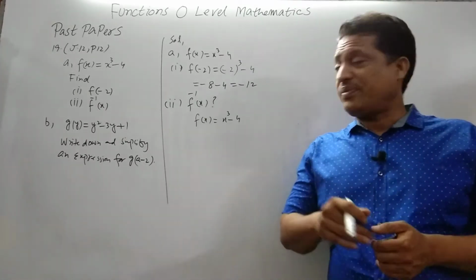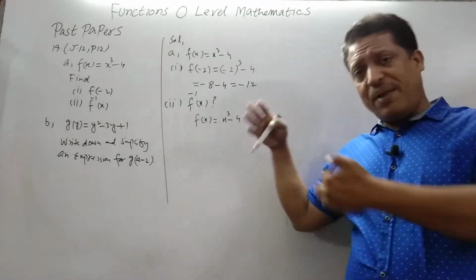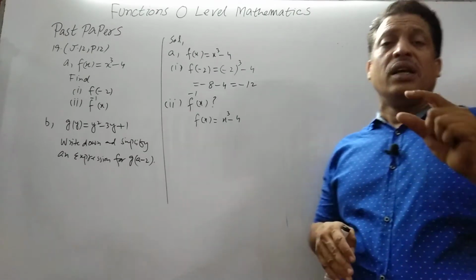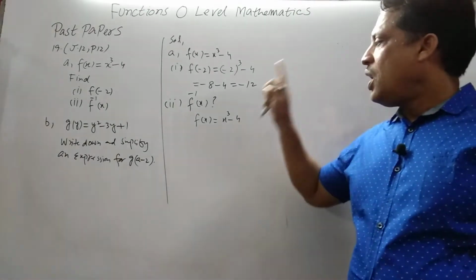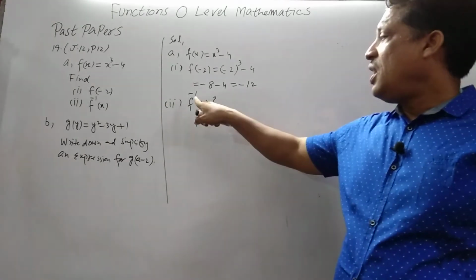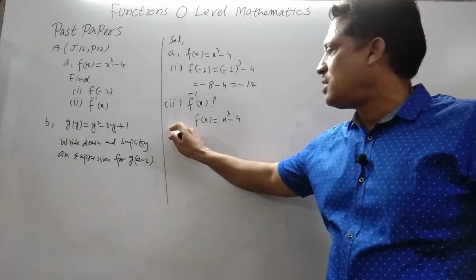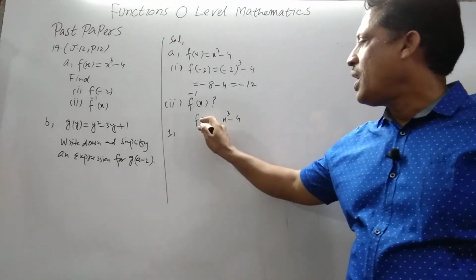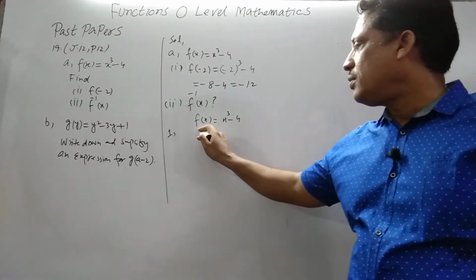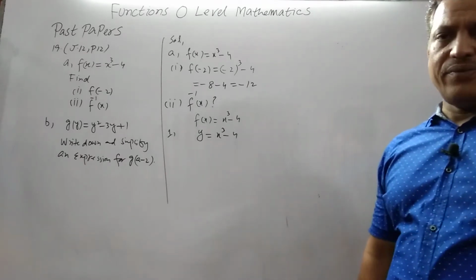Secure way means if you apply the steps which I am going to tell you, there is no mistake in the question, I promise you. What is the first step? First step is convert f(x) to y. This is step number 1. So replace f(x) by y.